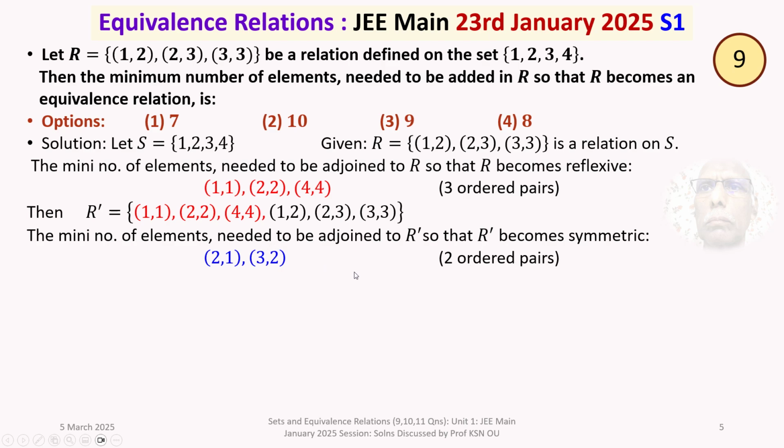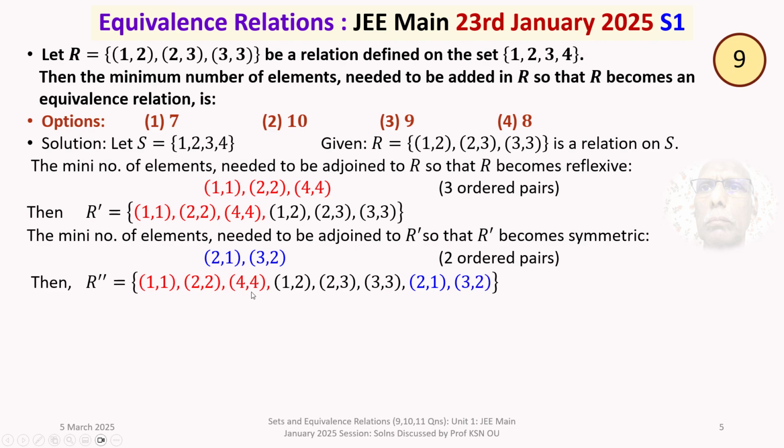Now you adjoin, then the resulting relation is R double prime, equal to (1, 1), (2, 2), (4, 4), (1, 2), (2, 3), (3, 3), and these are the two elements which we have added, (2, 1), (3, 2). Now look at this R double prime. Is it transitive? Now see, (1, 2) belongs to R double prime, (2, 3) belongs to R double prime, and to be transitive, (1, 2) and (2, 3) when composed you will get (1, 3).